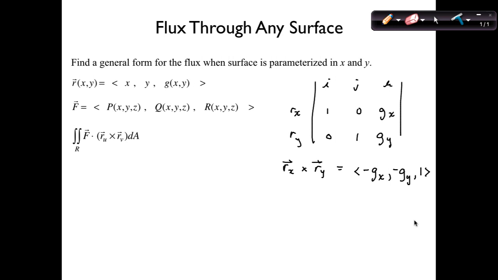If you're parameterized in x and y, your Rx cross Ry will always be this. And we can write f generically as P, Q, R. So then we've got P, Q, R dot negative gx, negative gy, and 1. And that's what this is right here.